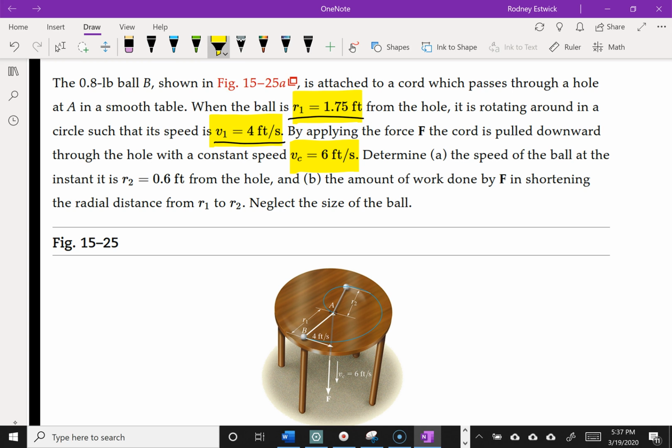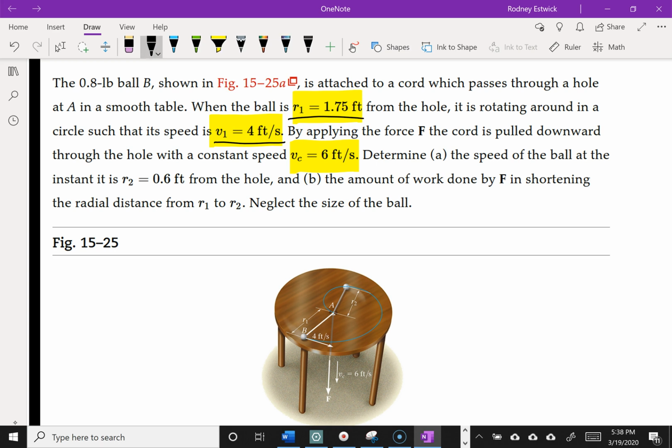It's called V sub c, but really it's C for constant, but it's also a radial change in position. So 6 feet per second that cord is being pulled down here, and that's going to cause a radial motion. If it wasn't spinning, it would go straight to the hole at 6 feet per second.